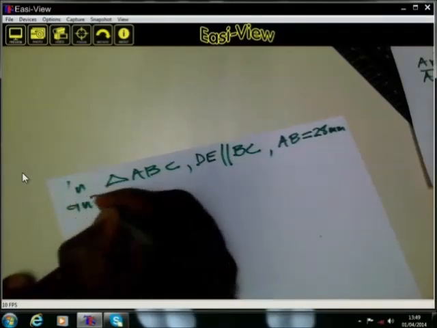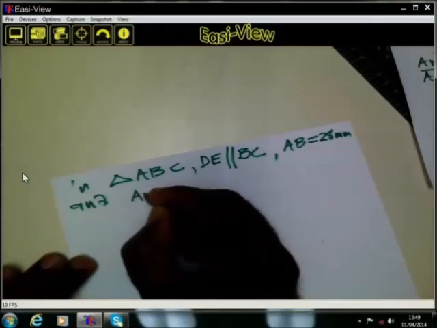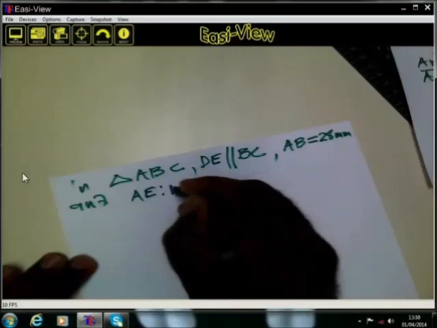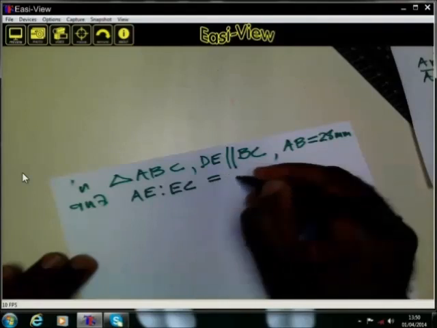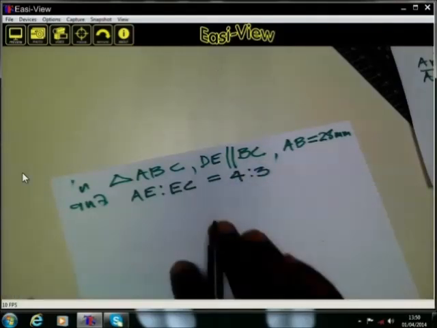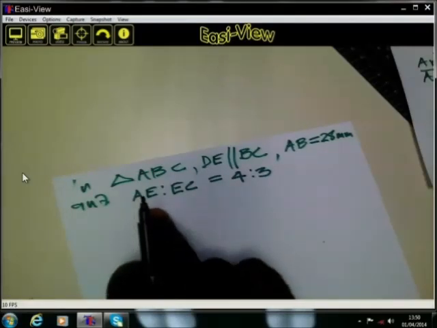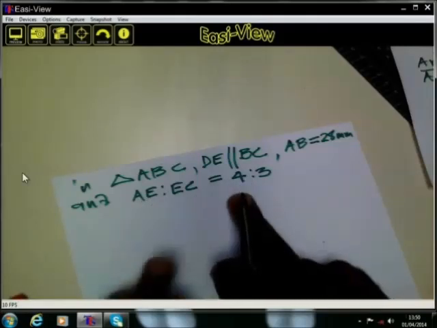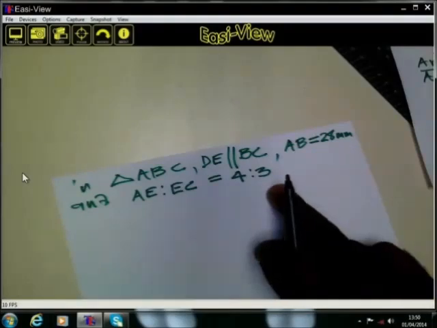And the ratio of AE to EC is 4:3. If I have to explain this, they say the length of AE is going to be 4 units when the length of EC is going to be 3 units. I wish we get that one right.